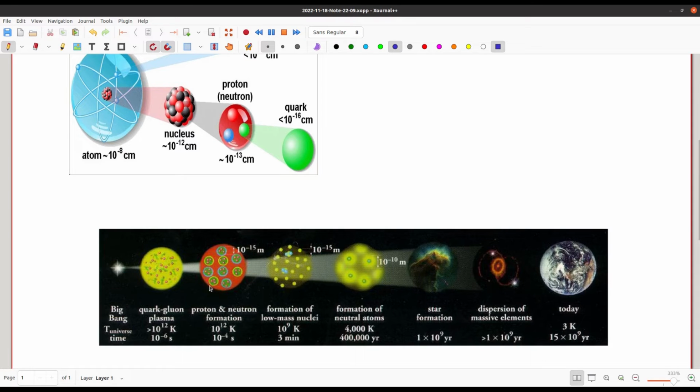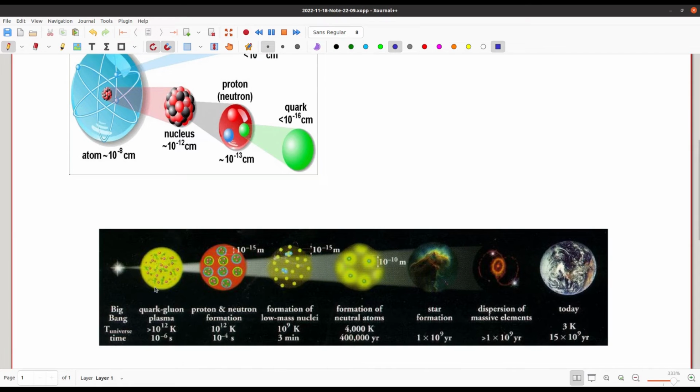There is a theory known as the Big Bang theory that says initially there was nothing, just a singularity, and suddenly the Big Bang happened. It's a very big blast, not a normal blast. I cannot imagine it, because it created the whole universe. Everything you see is because of that blast.